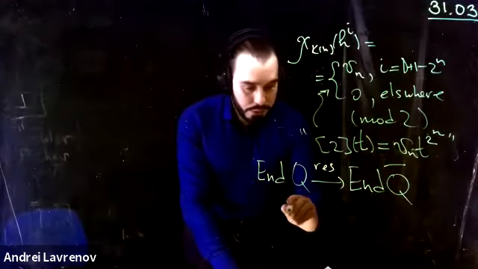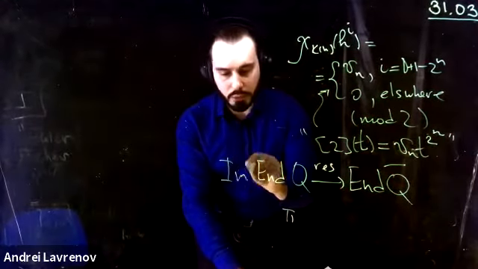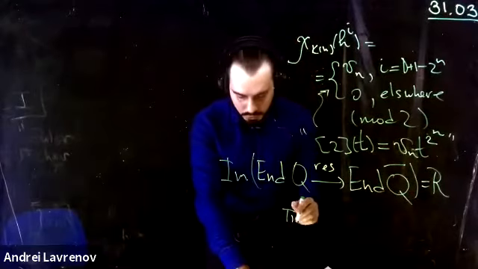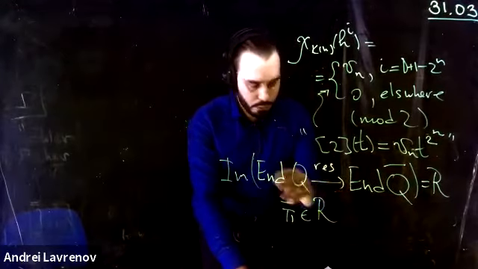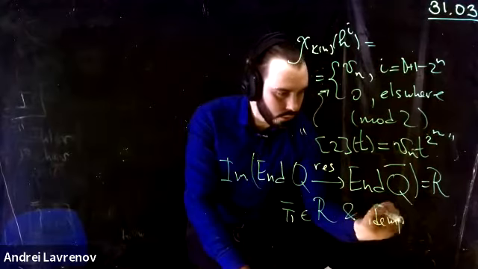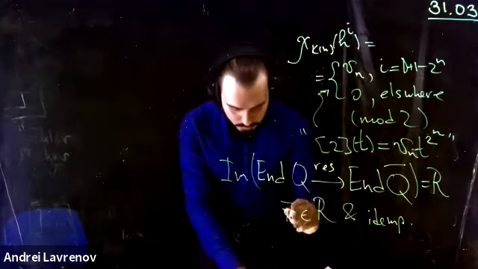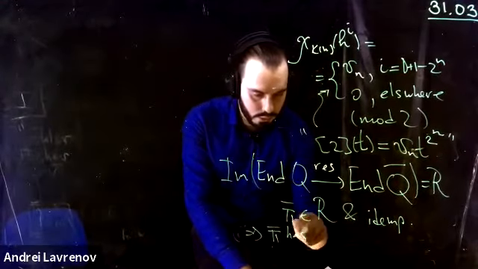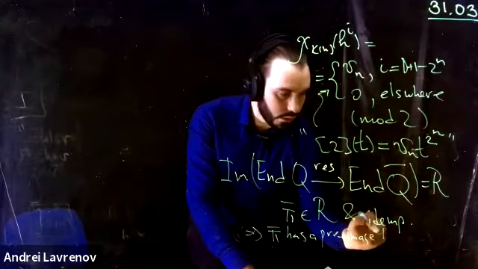Let the image be denoted by R. Grothendieck's principle implies that if we have something from this image which is idempotent, then in fact it comes from an idempotent here. Then phi has a preimage that is idempotent.